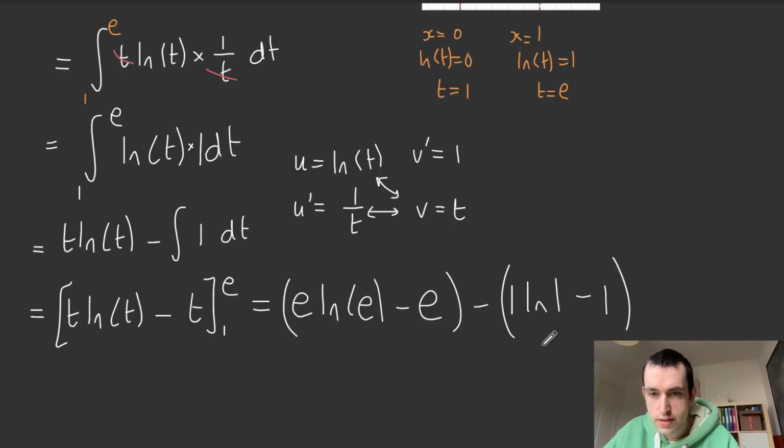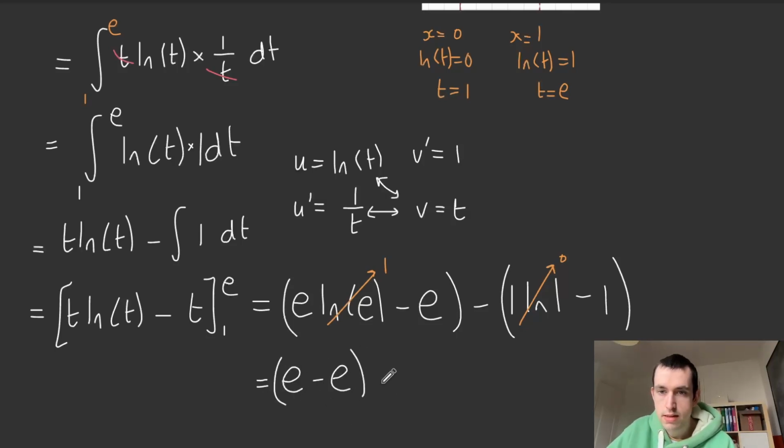Looks a bit like the modulus of just ln without an x, but that's 1 ln 1. That's fine. ln 1 is 0, so that's going to disappear. ln e is 1, so that's going to disappear. And we're going to get left with e minus e plus 1, which is 1. That's even nicer than the first answer, and I didn't even see that one coming.